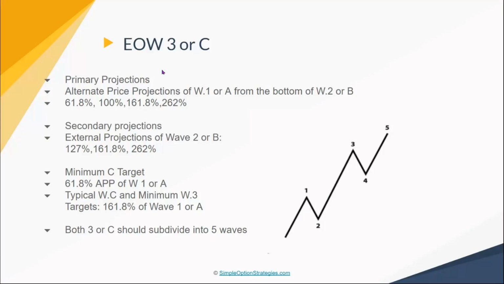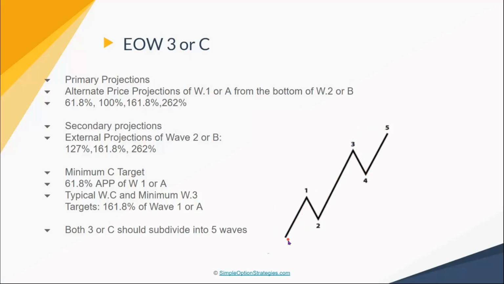So let me define something. This term right here, alternate price projection. And what that means is we're taking price from here to the top of 1, and we bring it down here for the third click, and that would be a projection up. Or we could take it from 1 up to 3, first click, second click, third click, and project it up.